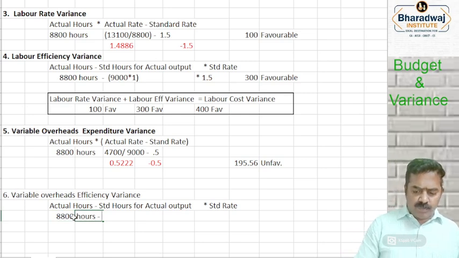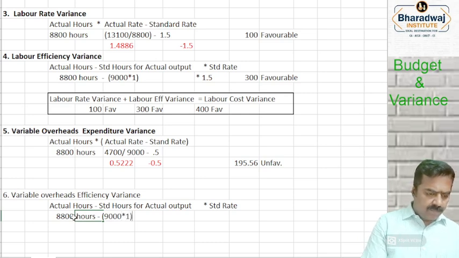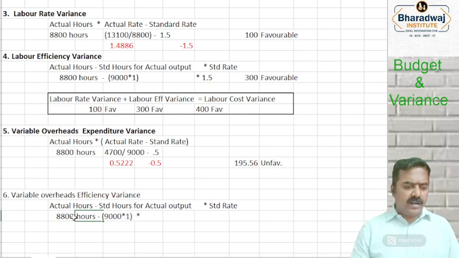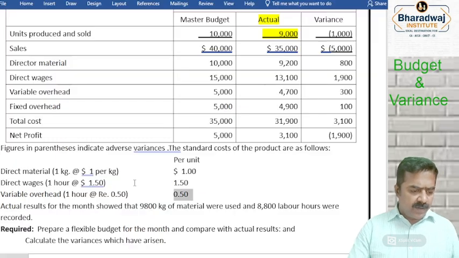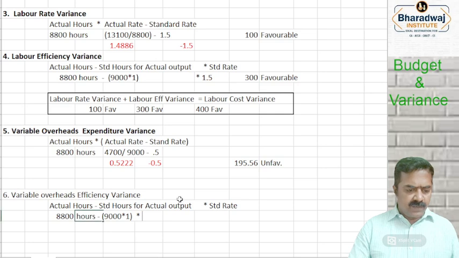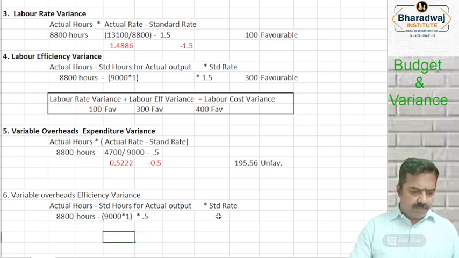Standard hours for actual output, 9,000 into 1, multiplied with the standard rate. What is the standard rate per hour? 0.5 is given. It will be like 200 into 0.5.